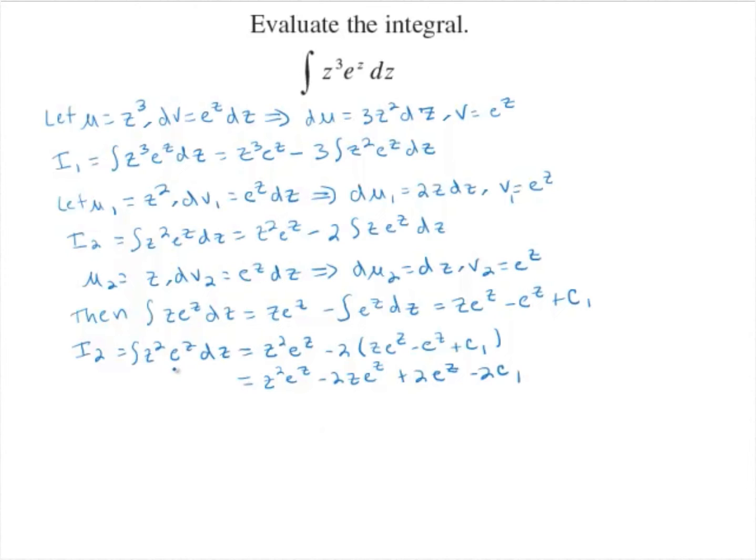So now that we've solved this integral, the z squared e to the z dz, that was up here in I sub 1, we substitute this value back up in here.